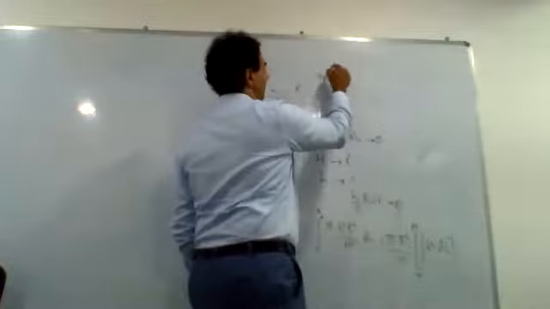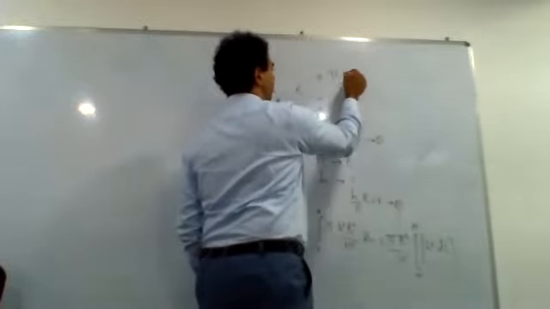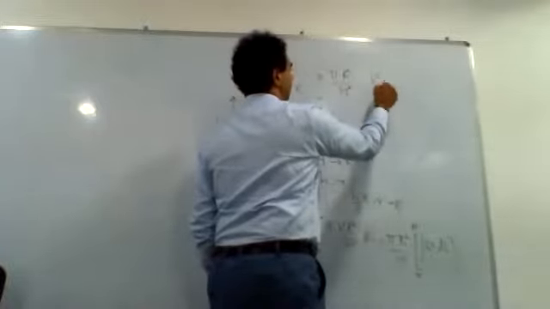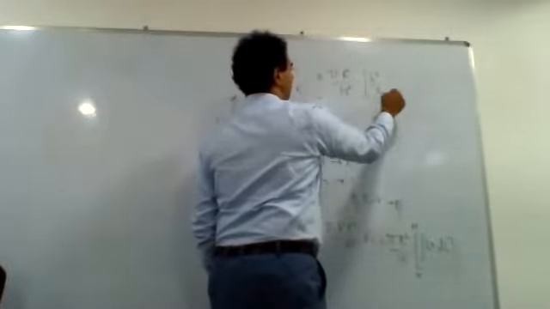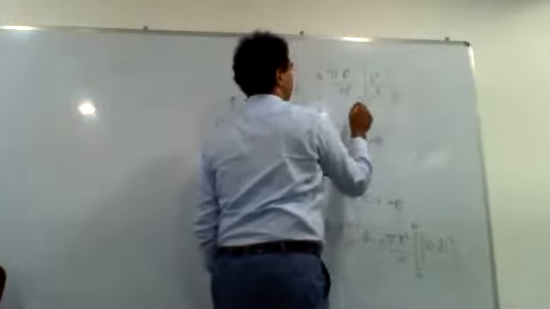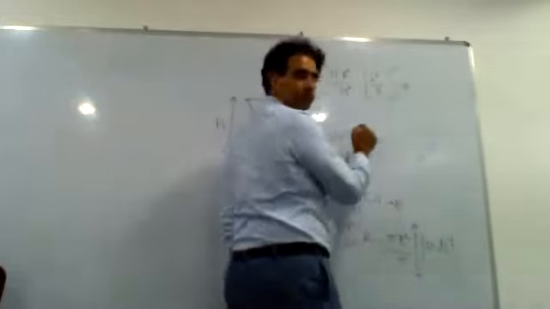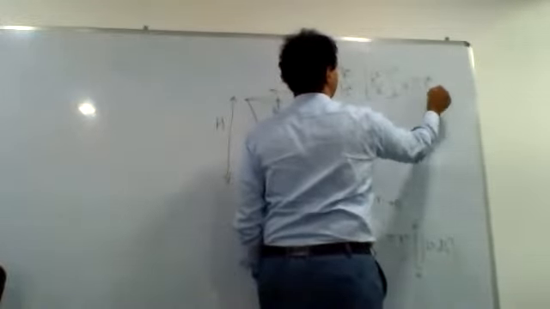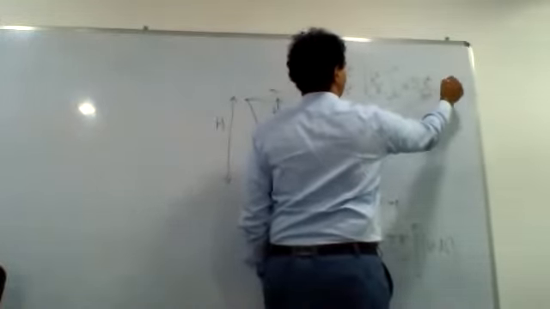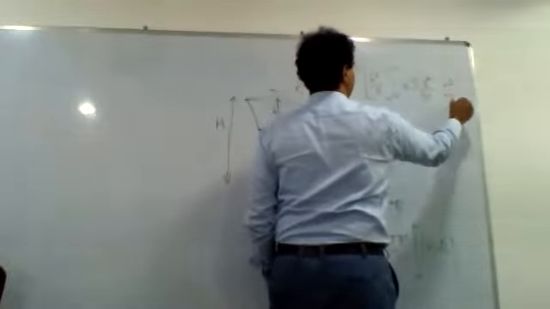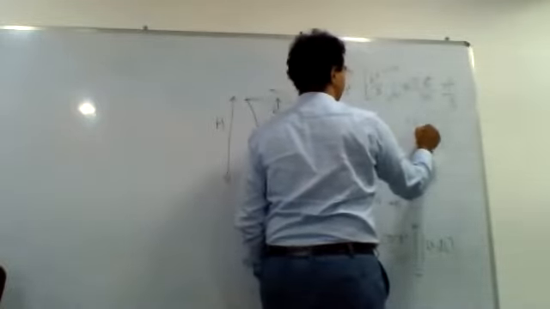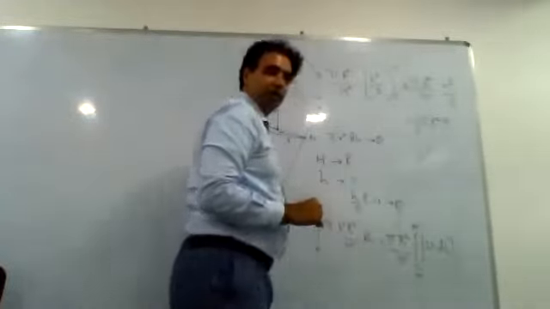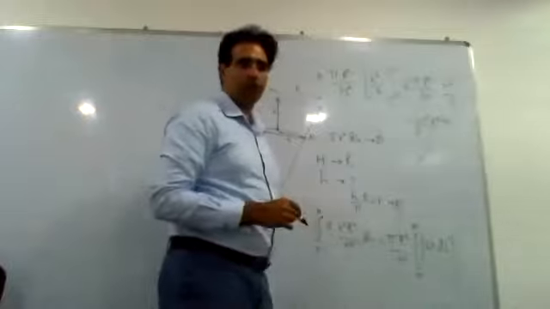So that becomes pi into r square divided by H square into H cubed by 3, with limits applied from 0 to capital H. That gives you pi r square by H square into H cubed by 3, which is one third pi r square H, which is the volume of the cone.